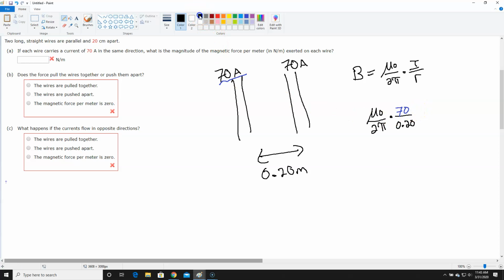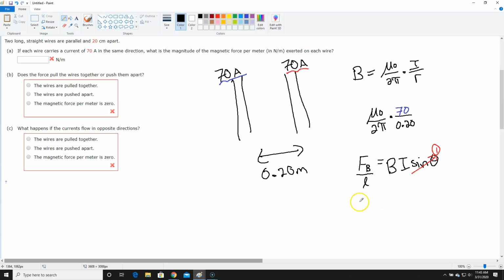Now that's the magnetic field created by the blue wire. Let's call this one the red wire. The magnetic force that the red wire experiences, rather force per meter, is B I sine theta. The sine of theta is going to be 90 degrees, so we can just call that a 1.